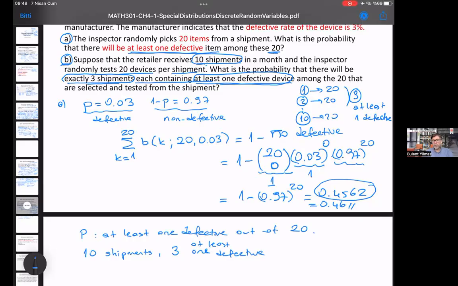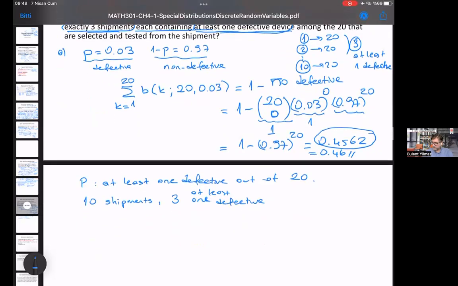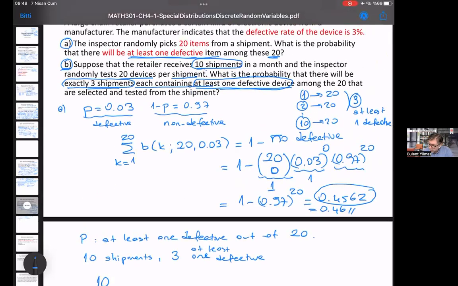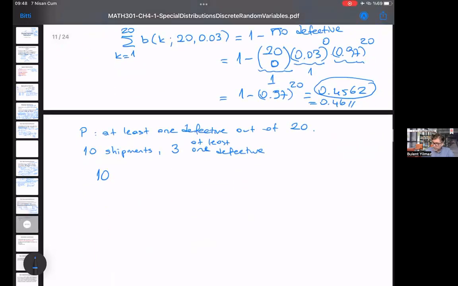Barış, how did you solve, my friend? Hocam, there are 10 shipments. It says exactly 3 of them, so 10 choose 3 combinations. Okay.